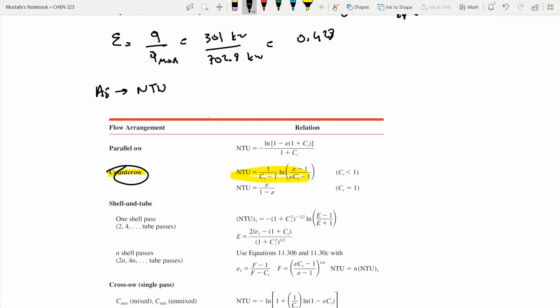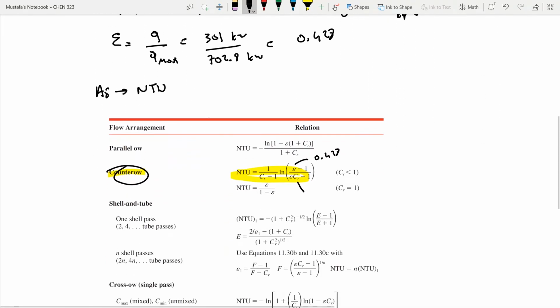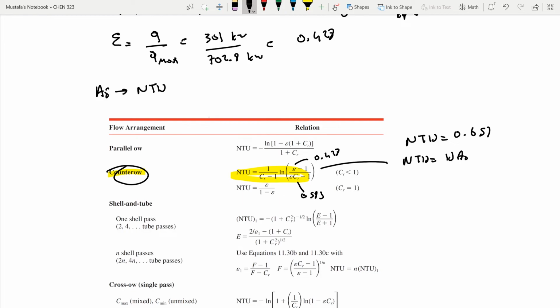In this equation, epsilon is given, 0.428, and CR is given, which we calculated as 0.583. So I can calculate NTU. If you do the math, you get NTU equal to 0.651. The definition of NTU is U times AS divided by C min.